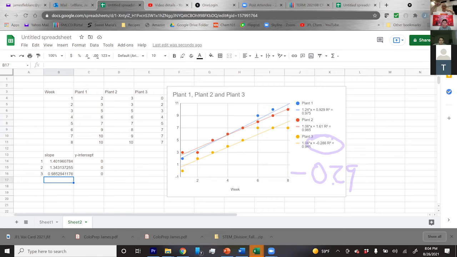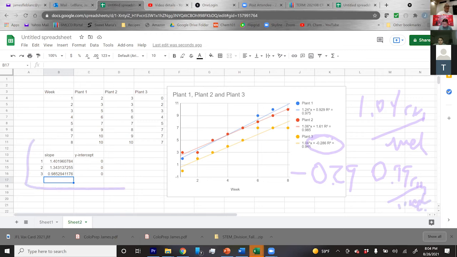And so that flattens the line out just slightly, but not by much. So you can see it didn't make a whole bunch of difference. It originally was growing at 1.04 centimeters per week. And now it's growing at 0.99 centimeters per week. Pretty much the same thing. So these are our corrected slopes. So that's your corrected equation.